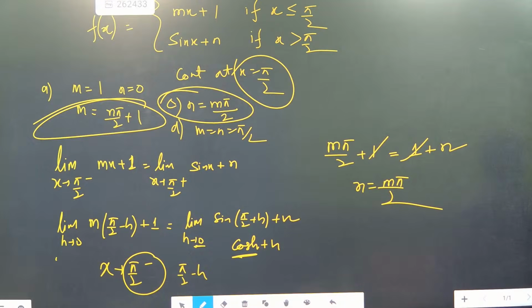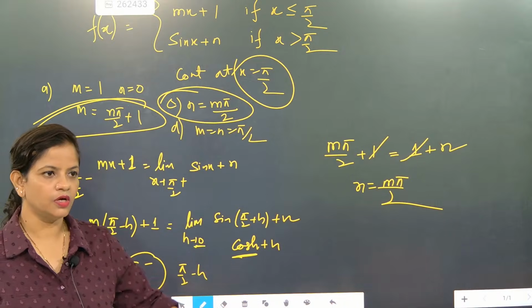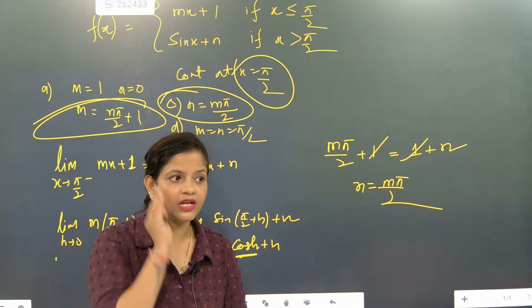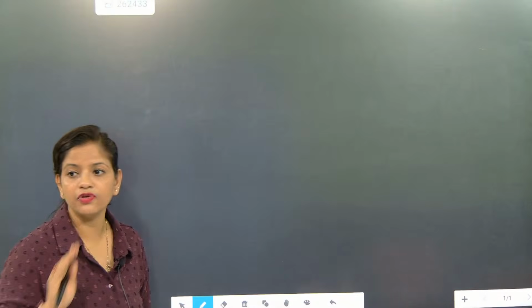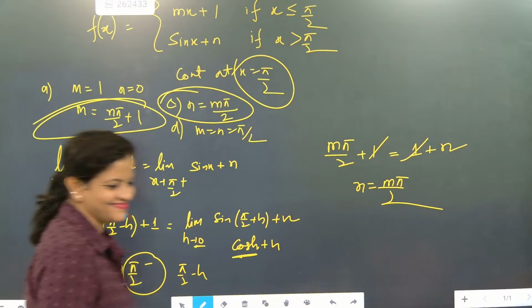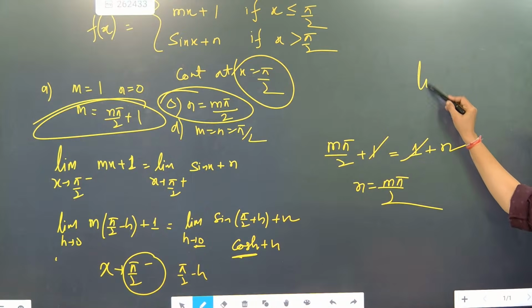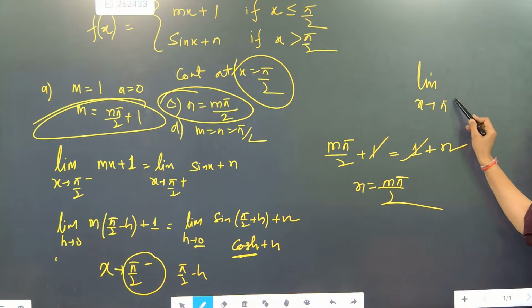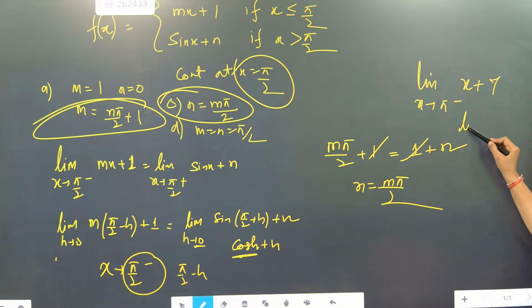Are you understanding? With some logical questions, the moment you lose confidence in the examination, they will stop you. Where x is there, again I am telling, left side, look here. One time Praveen, I am telling you, listen very carefully, beta. If they have written like this, x tends to pi minus, and here x plus 7 is there, then how are you going to write the next step?